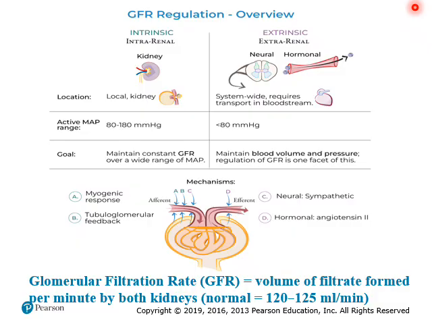The net filtration pressure is where the primary pressure is the glomerular hydrostatic pressure. I just gave you the mathematical expression of the net filtration pressure in the slide before this.